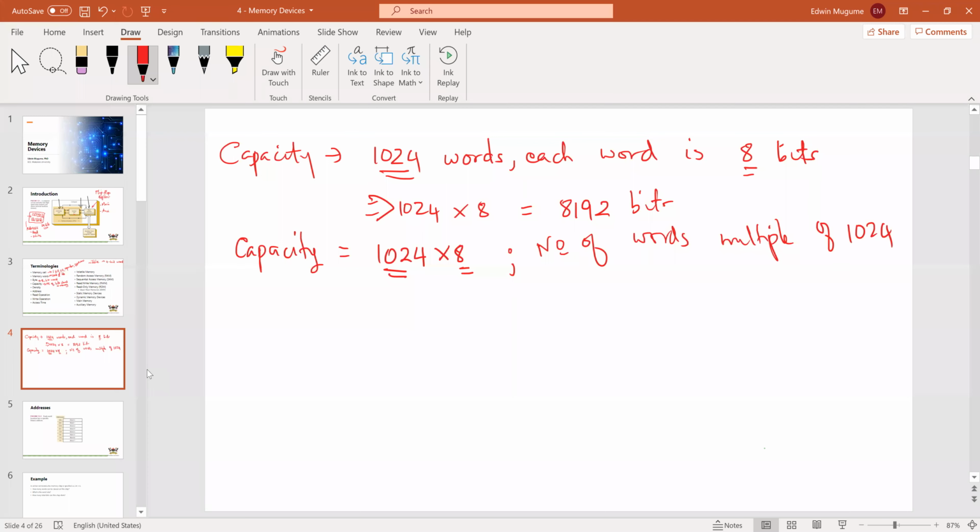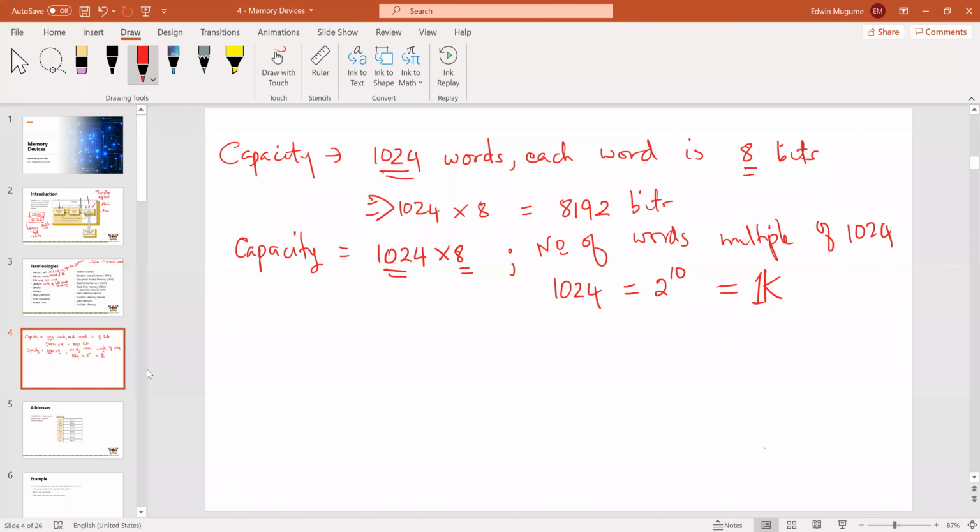So we can usually break that down into 1024 multiples. And we know that 1024 is equal to 2 to the power 10, and we can call this 1k.